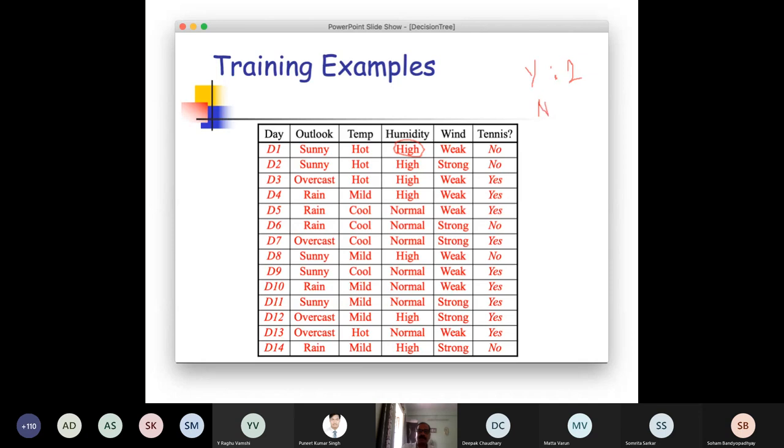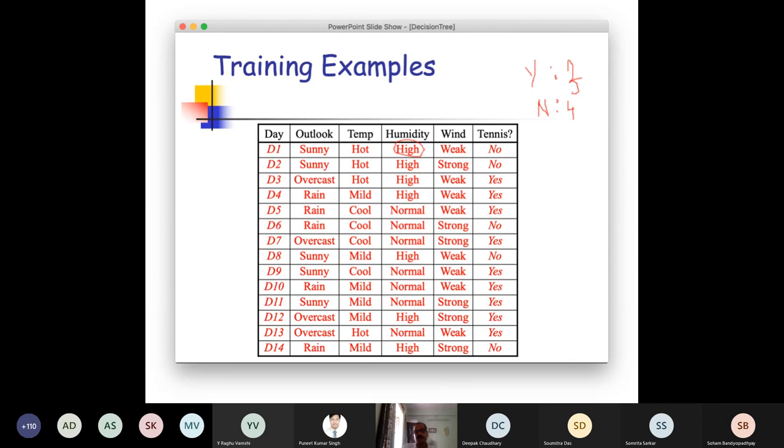Sir, yes is 3 and no is 4, I think. Okay, let me modify. Yes, 3 and 4. Right, a total of 7 examples have humidity high, and out of them 3 yes and 4 no.